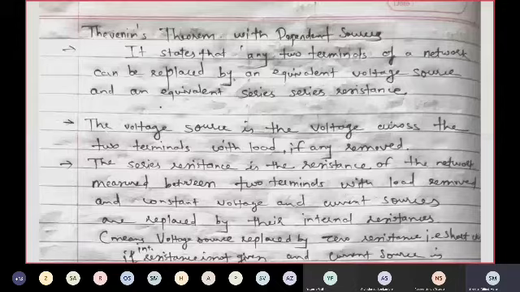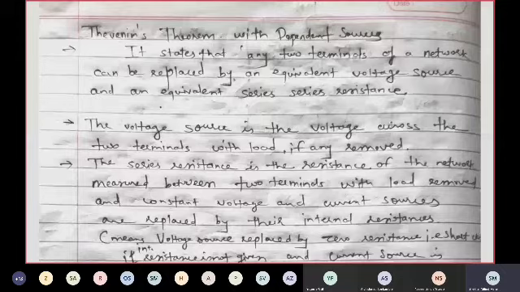The voltage source is the voltage across the two terminals with the load removed. The series resistance is the resistance of the network measured between the two terminals with the load removed.